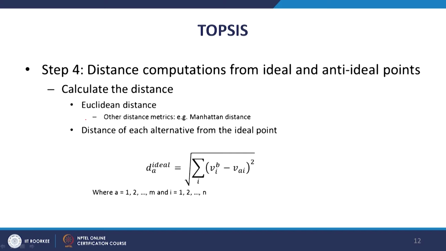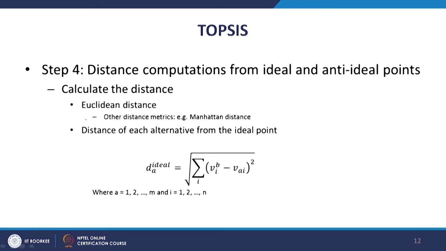Small d, and in the subscript a, that is for alternatives, 1 to m, and then ideal. So we are trying to compute the distance from the ideal point. This is nothing but the square root of the summation over i, where i is from 1 to n, given that n is the number of criteria that we have. And then within parentheses we have Vib minus Vai, and the square of that.